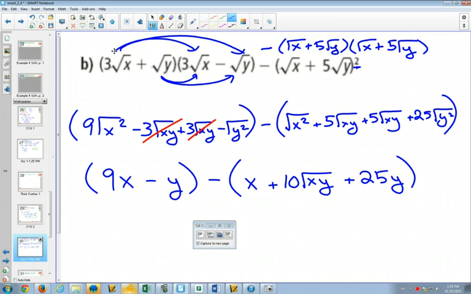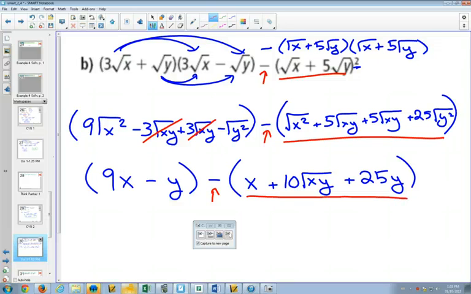Now when I want to put these together, we have to be careful because this subtraction sign that we wrote all the way through means that we're subtracting all of this, which means we're subtracting all of this, which means we're subtracting all of this.